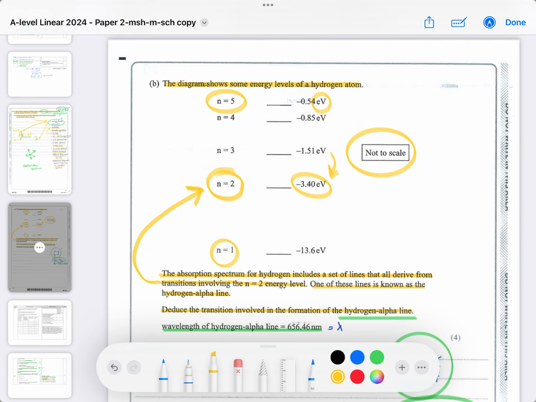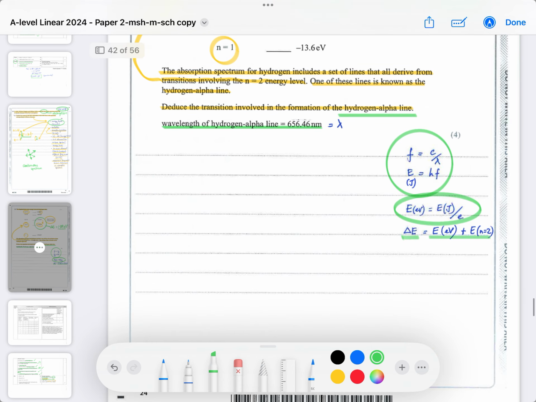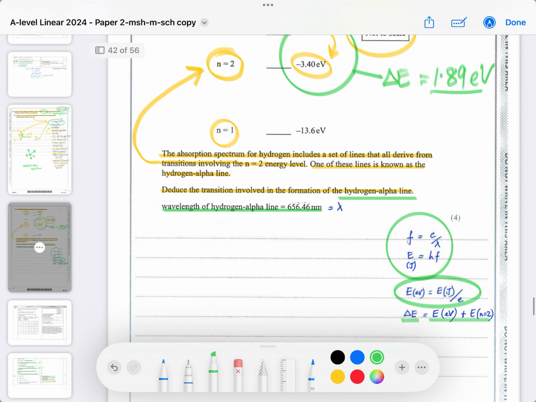Yes, it is. So this transition from here to here, the delta E is equal to 1.89 electron volts. And that is what you would work out to be the transition there.